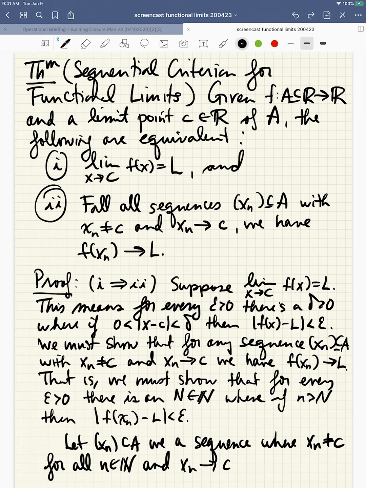And remember, we know what that means. We know what the definition of convergence of a sequence is. In fact, we just wrote it down for the sequence of values of the function f of xn. So we want to deduce that the sequence of values now converges to the value L using the definition of functional limit.